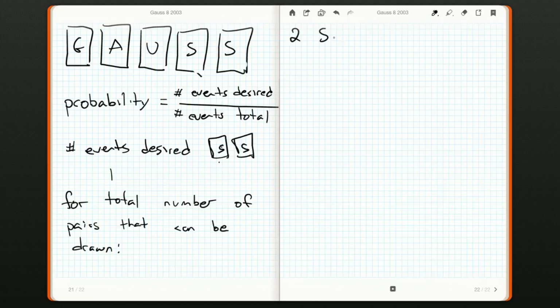If 2 S's are drawn, we know that there's only one way to do that. You have to have both S's. Okay, so there's one way to do that. How about only one S is drawn?